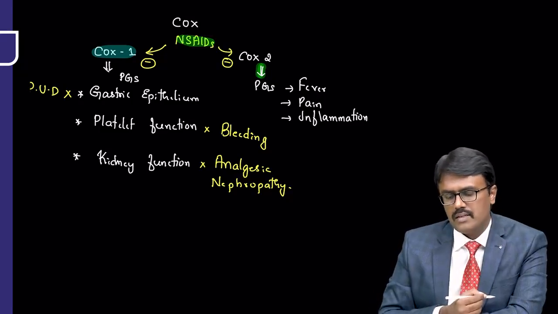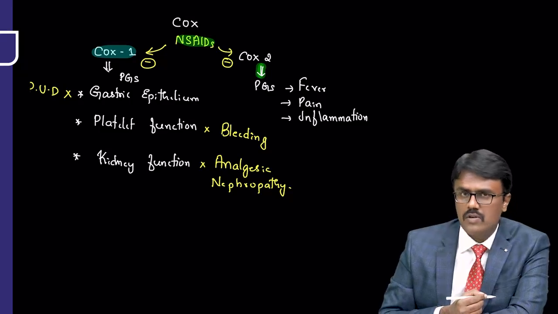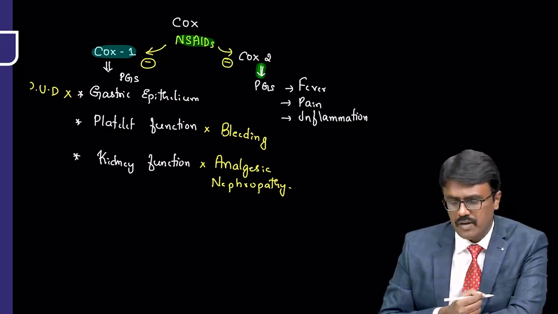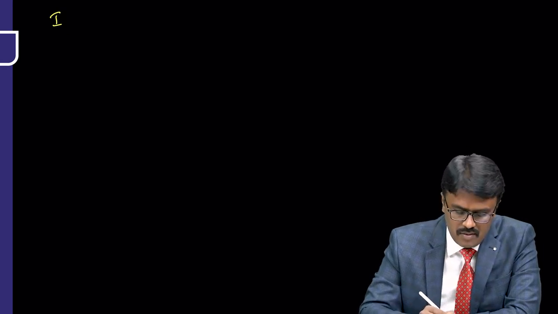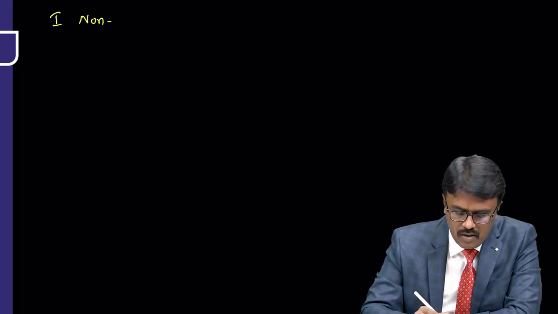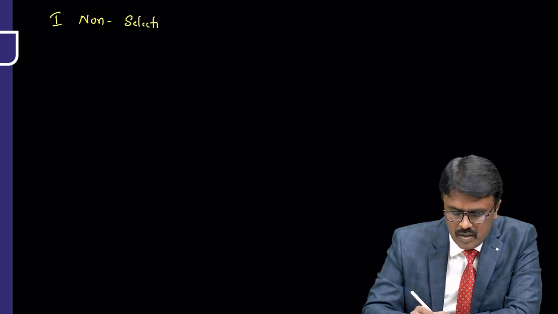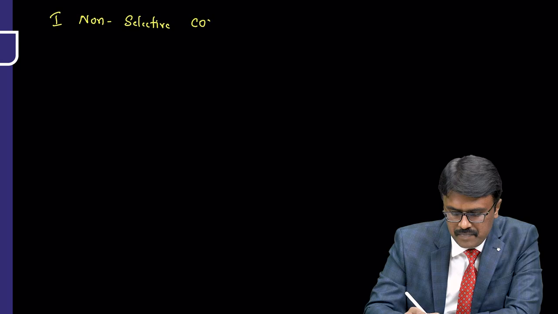So NSAIDs, based on the inhibition of COX-1 or COX-2, are classified into different groups. Let me tell you that. Number one, we have drugs which inhibit both COX-1 and 2. They are called non-selective COX inhibitors.